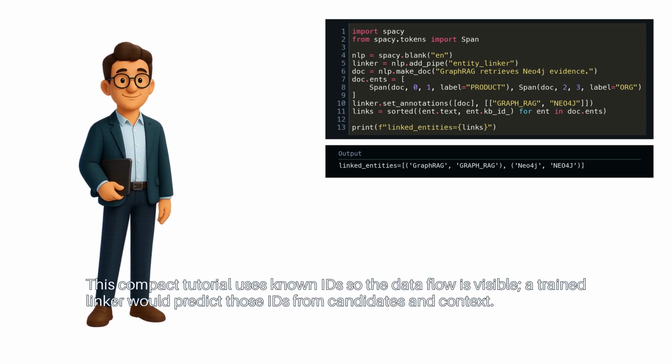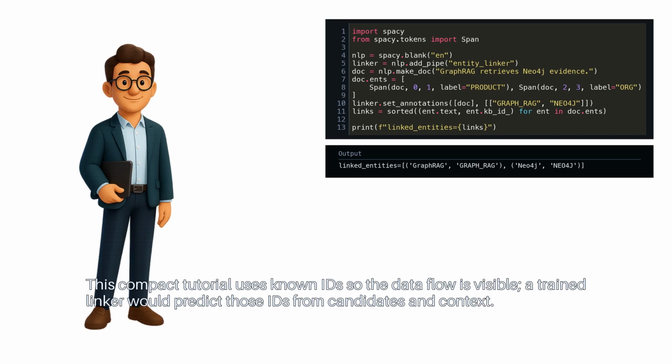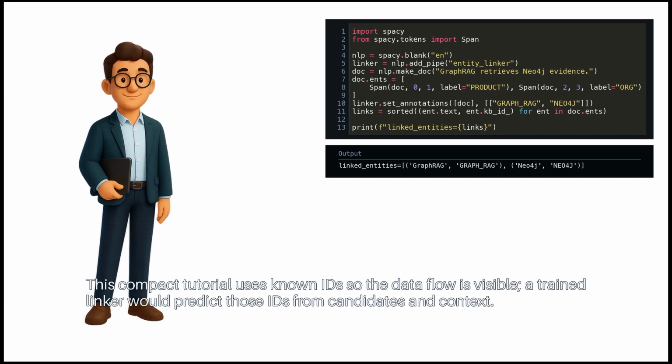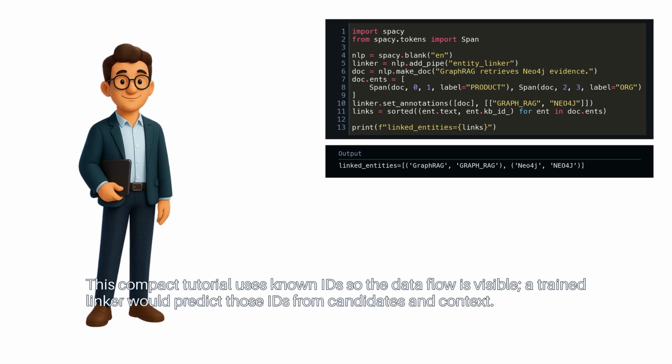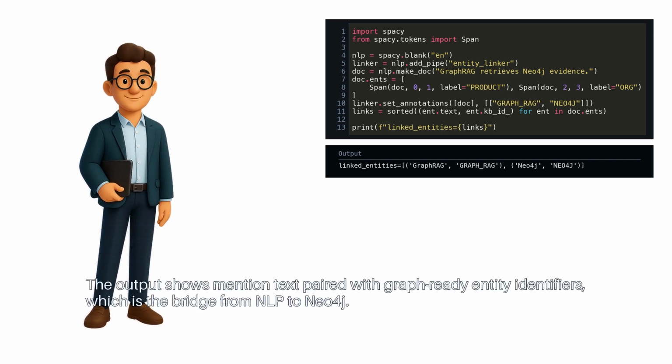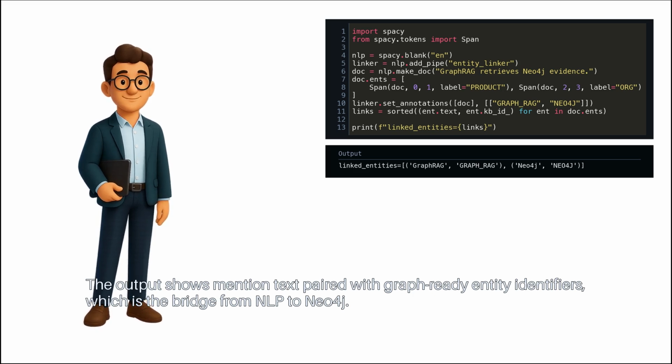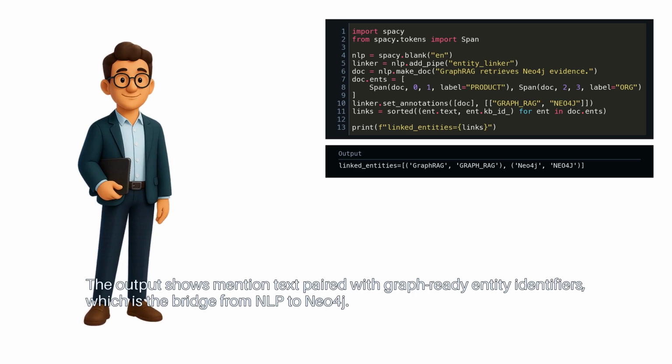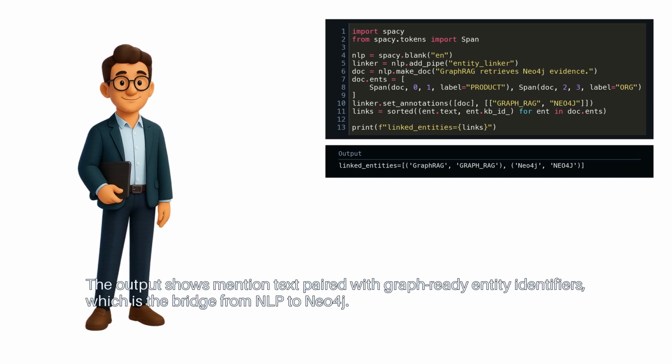This compact tutorial uses known IDs so the data flow is visible. A trained linker would predict those IDs from candidates and context. The output shows mention text paired with graph-ready entity identifiers, which is the bridge from NLP to Neo4j.